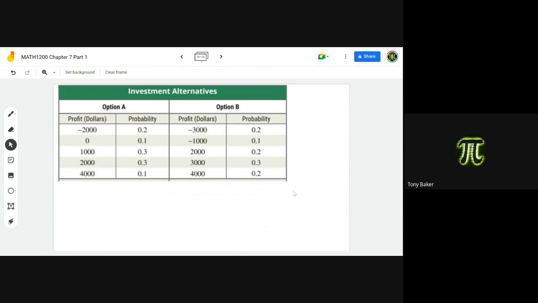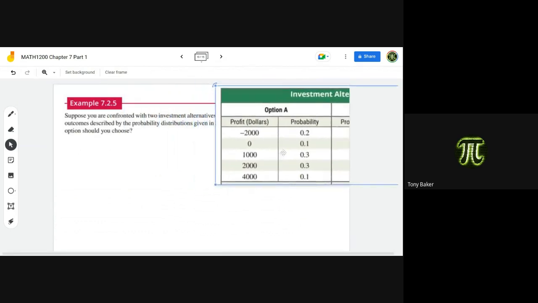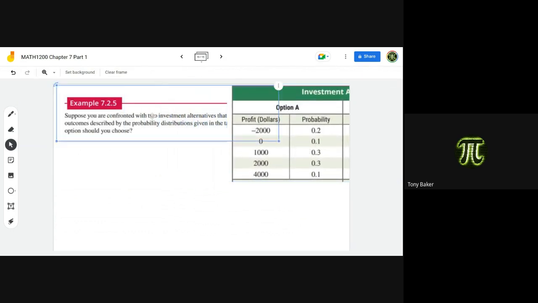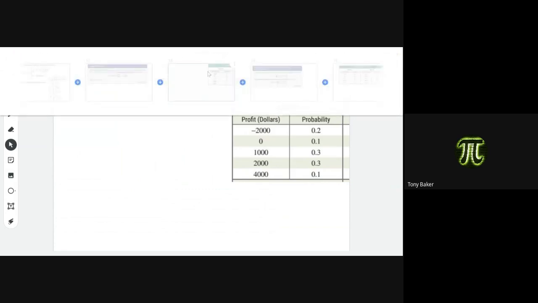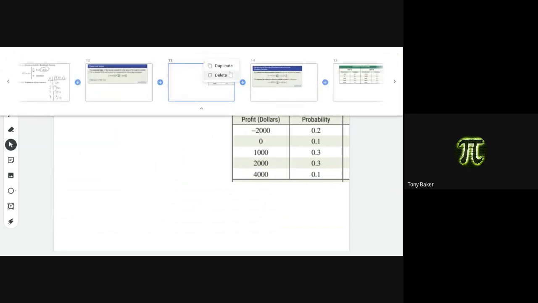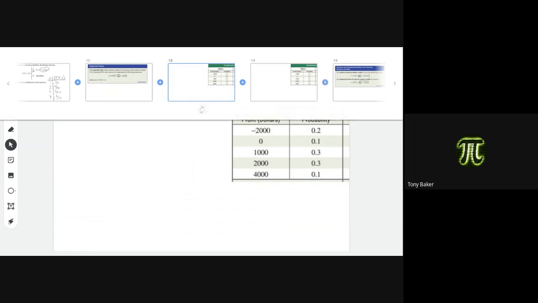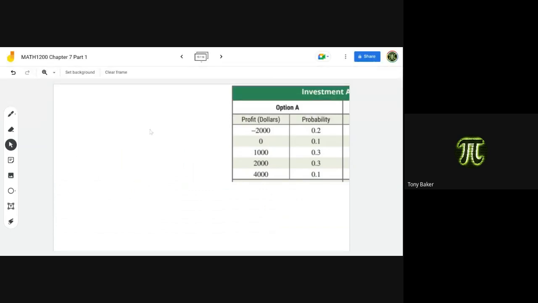I'm going to put this over here so I can write next to it. Duplicate the slide before I write anything on it. We've got the probability, we've got the profit. We're going to multiply each of those together, and then we're going to add them up at the end.